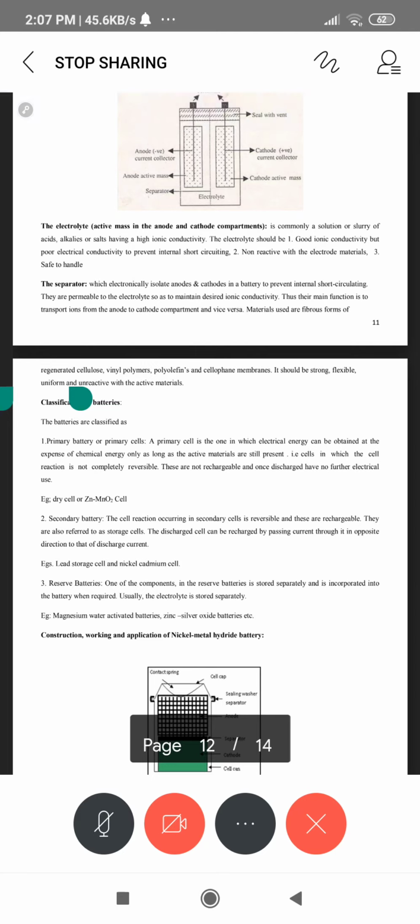At the time we are using these batteries, while electricity is available, they recharge, and afterwards when the electricity is not available, they discharge.